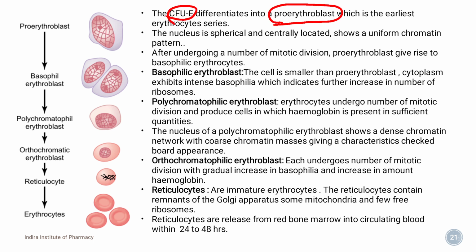So we have a red bone marrow, from that pluripotent stem cells form. From that we have two different types of cells, myeloid and lymphoid. So myeloid stem cells will differentiate into proerythroblast, which is the earliest phase of the erythrocyte series.